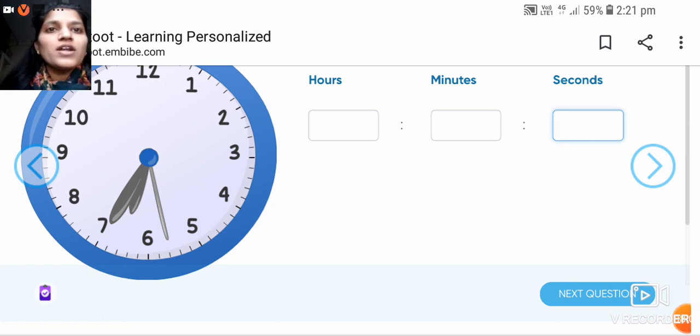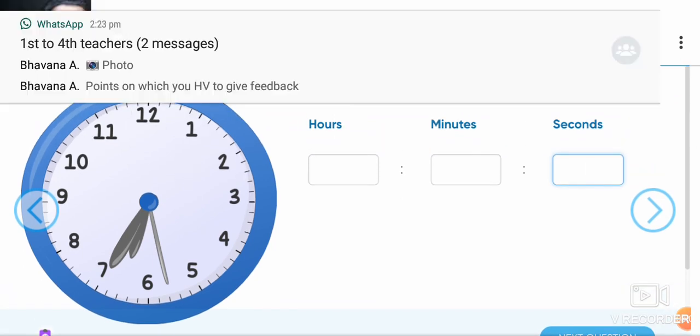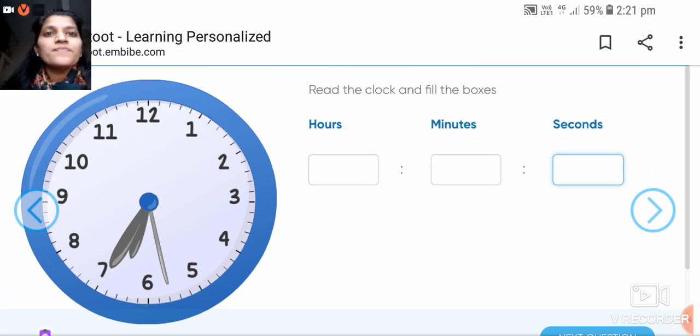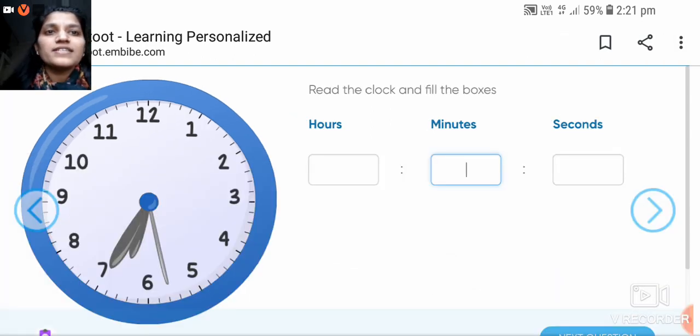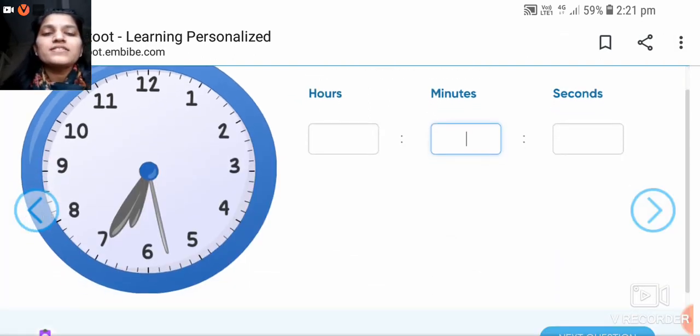So students, here now we are going to read the exact time in this clock. Here we can see hours, how many hours are there, minutes, how many minutes are there, and even seconds, how many seconds are there. Hours, we can see that there are 6 hours.